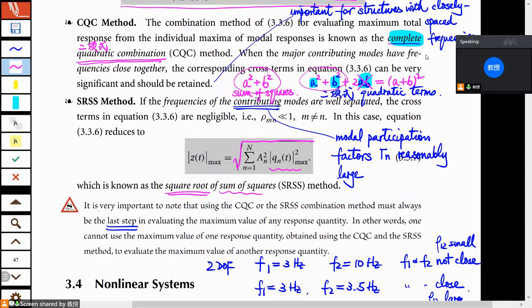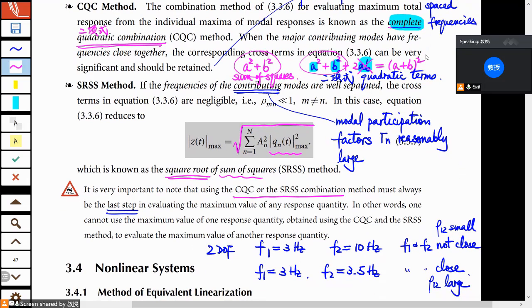Okay, so now it is very important to note that using the CQC or the SRSS combination rule must always be the last step in evaluating the maximum value of any response quantity.